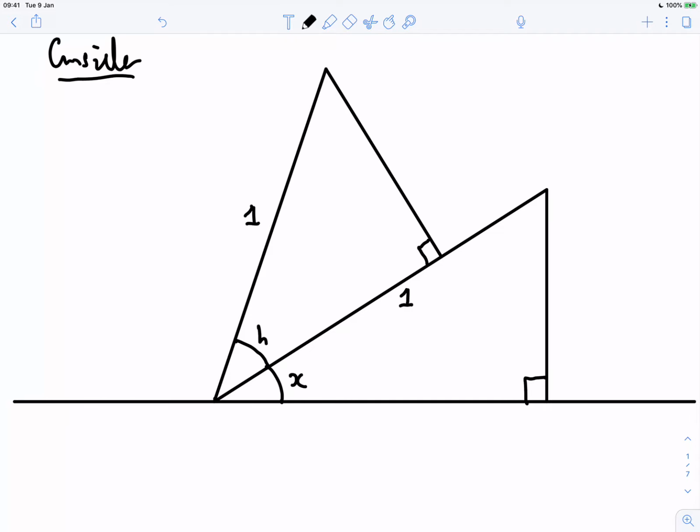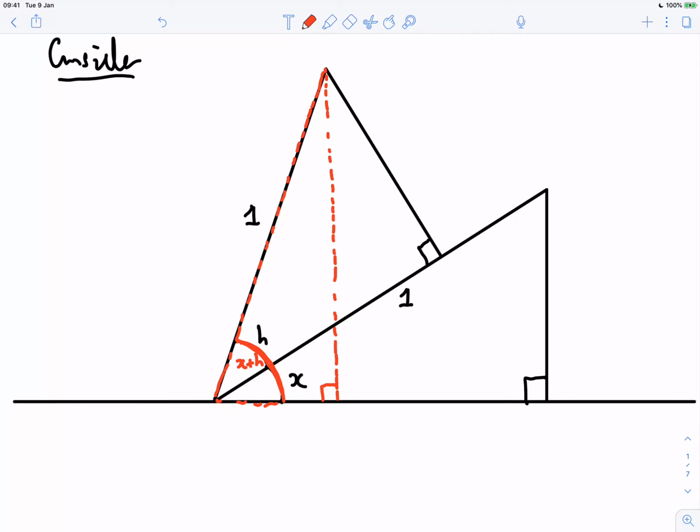Now what I want you to consider is this new triangle, which if I drop a vertical from the highest point of the wedge like so, so this is 90 degrees, then I've got a triangle here like that, and then clearly the total angle in this bottom left hand corner is going to be x plus h, because I'm just adding the angle x and the angle h together.